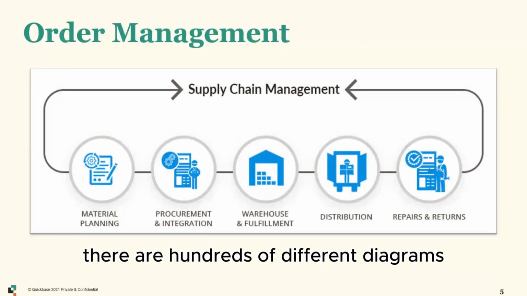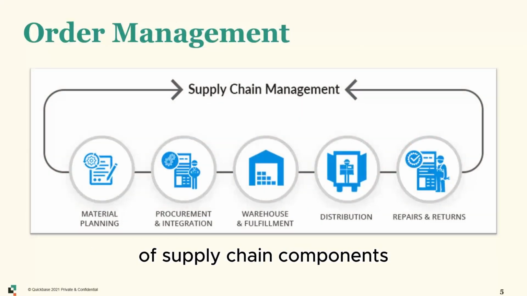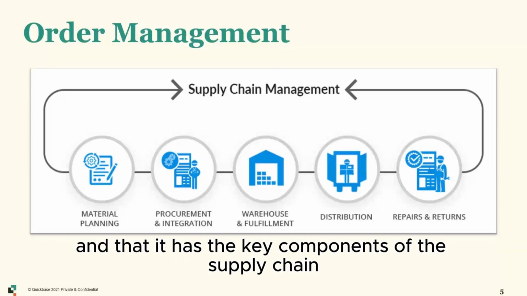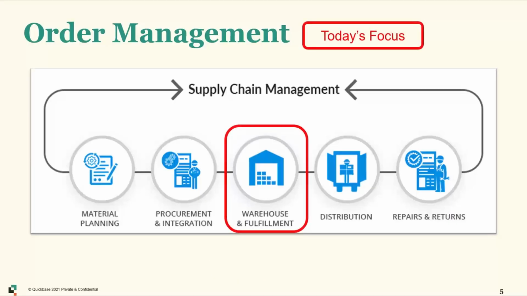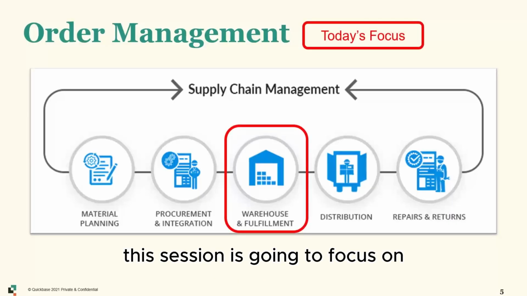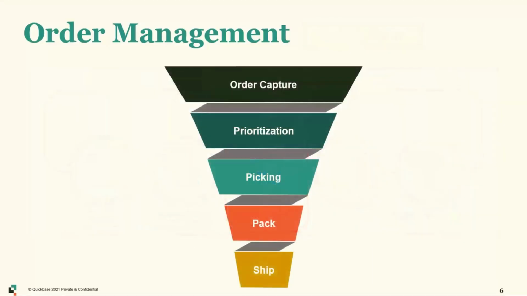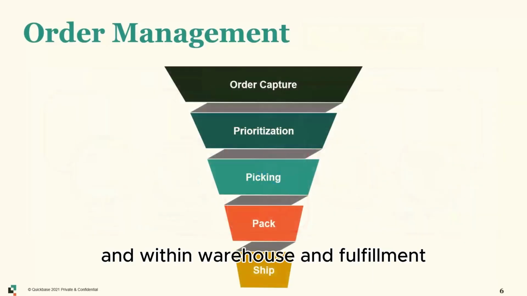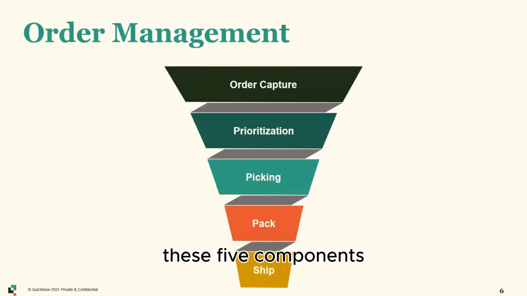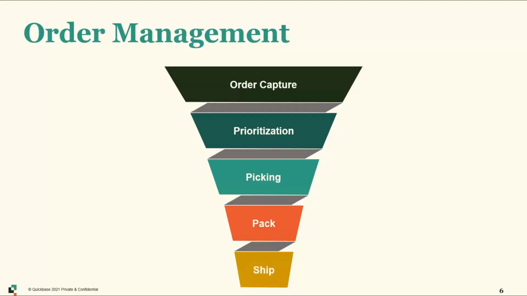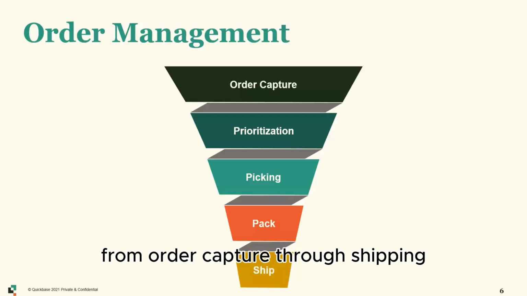There are hundreds of different diagrams of supply chain components. I selected this one for today's conversation in that it has the key components of the supply chain. This session is going to focus on warehouse and fulfillment. And within warehouse and fulfillment, these 5 components are typically core to any order management process from order capture through shipping.